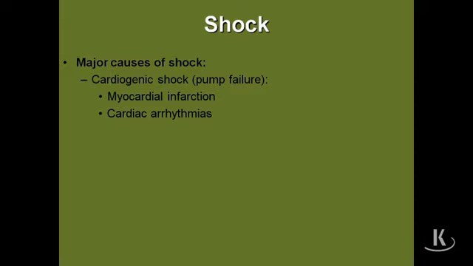Remember, 90% of all myocardial infarcts can lead to a lethal arrhythmia. If you have a massive pulmonary embolus, that can decrease blood flow to the left side and therefore lead to decreased perfusion through the arterial side, leading to shock and cellular injury, ultimately death.